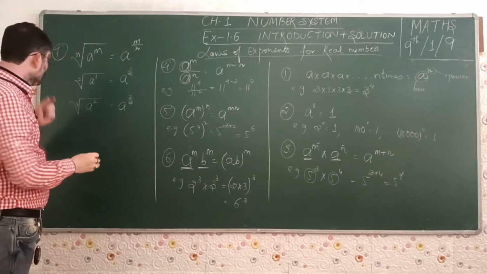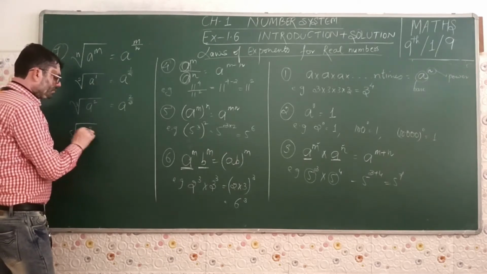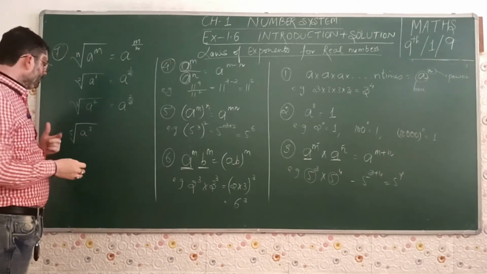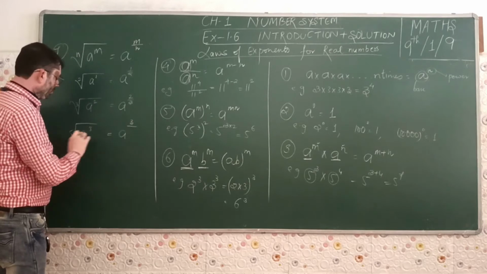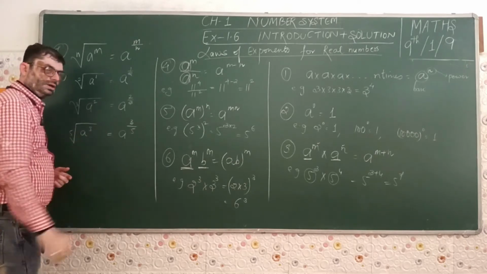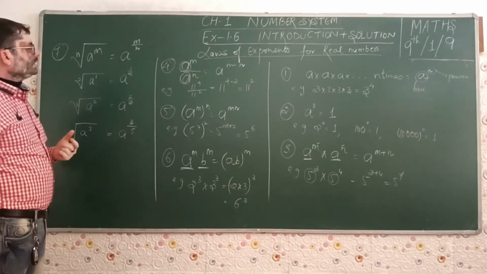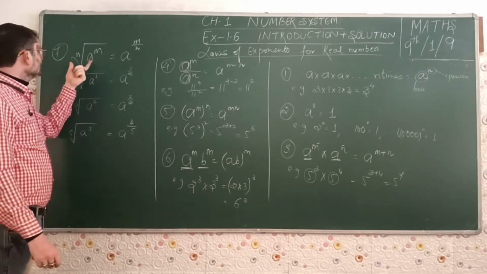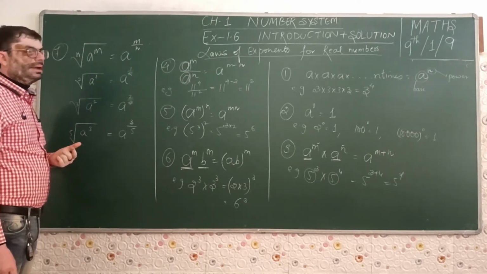Similarly, for any root, you can say fifth root of a to the power 3. This would have been written as a to the power 3 as it is and upon the fifth root. So this is one more law of exponent that we will be going through in class 9, that is nth root of a to the power m is a to the power m by n.